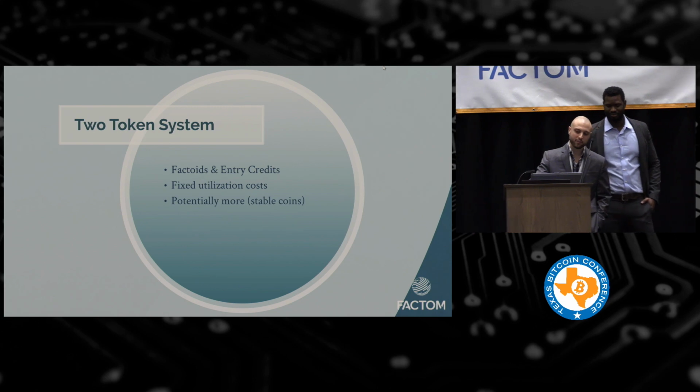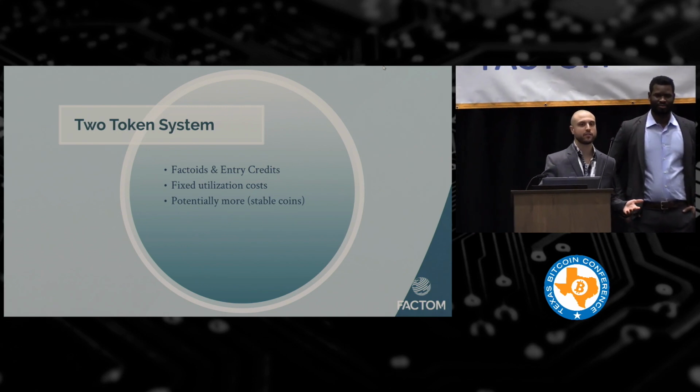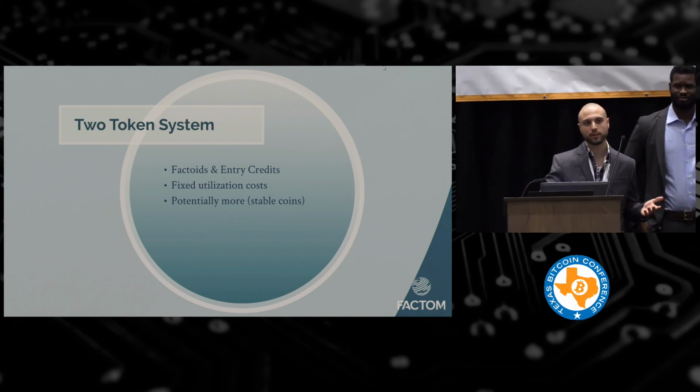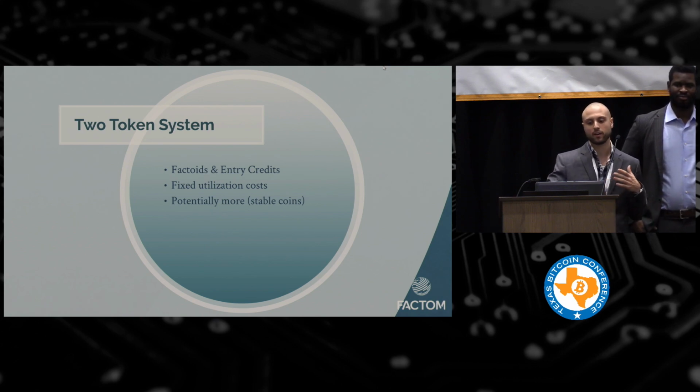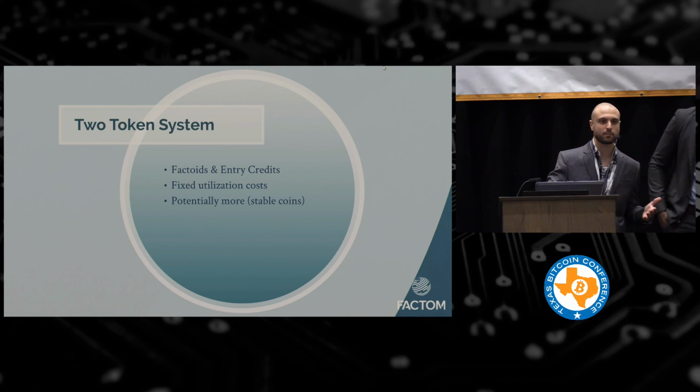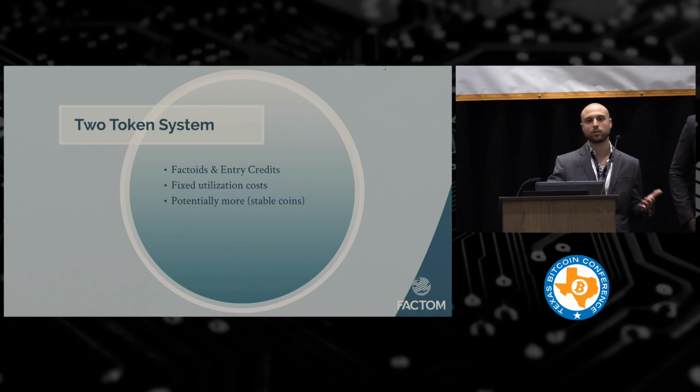And lastly, on the Factom blockchain, we talked about the need for a consistent cost structure, right? To be able to forecast your costs. There's a genius system put in place on the Factom blockchain, known as a two-token system, in which when you want to write into the Factom blockchain, you spend what are called entry credits, which are fixed price in USD.